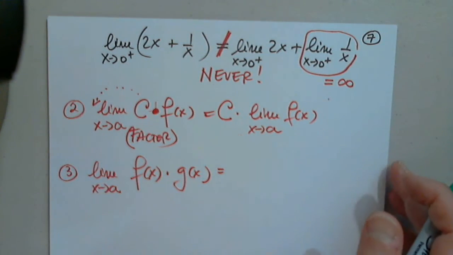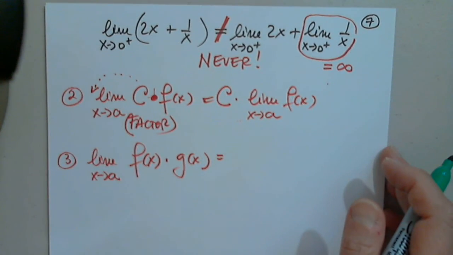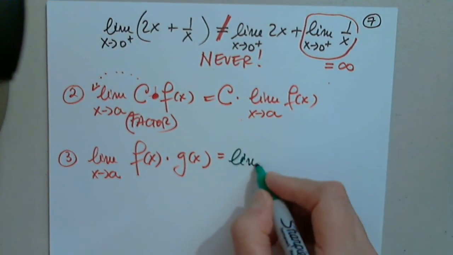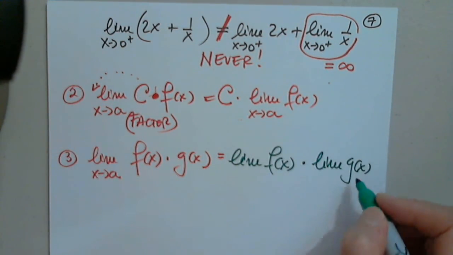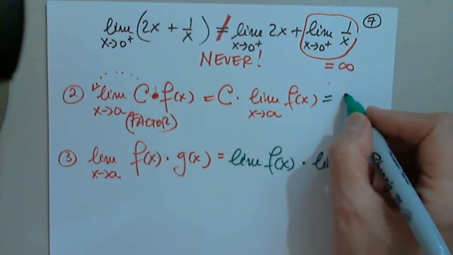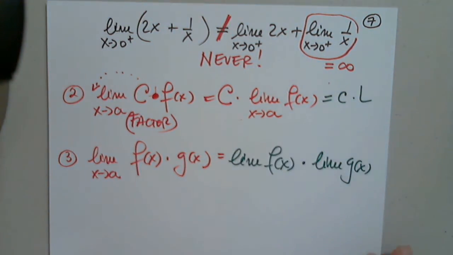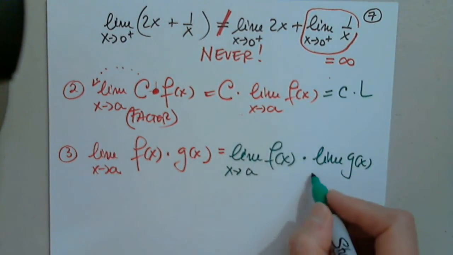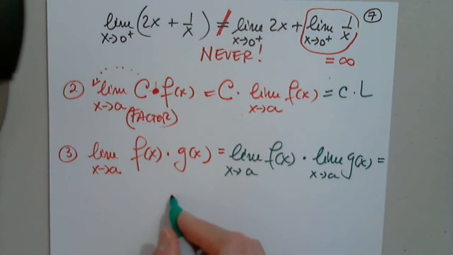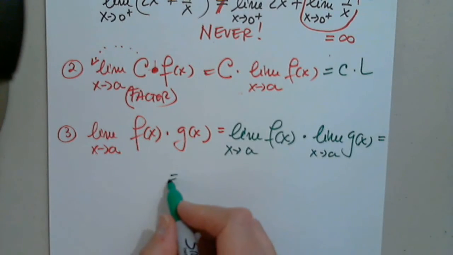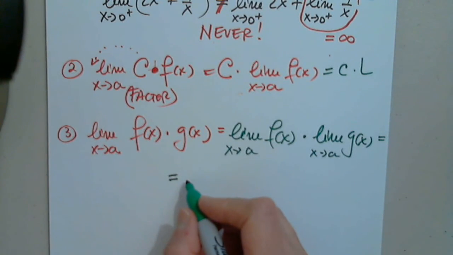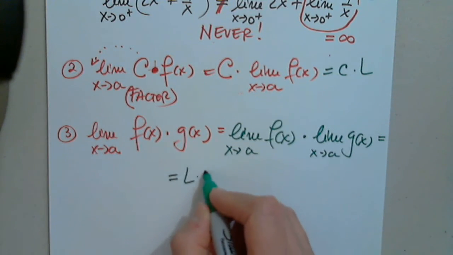Anyone? The limit of f of x as x approaches a times the limit of g. Absolutely. Okay, I forgot to write here c times L because this was denoted by L. So x approaches a, x approaches a. So what will this equal? L times M. Excellent. Very good.